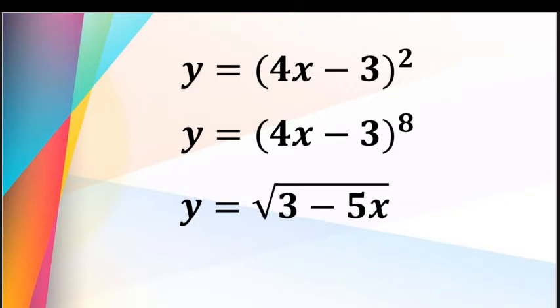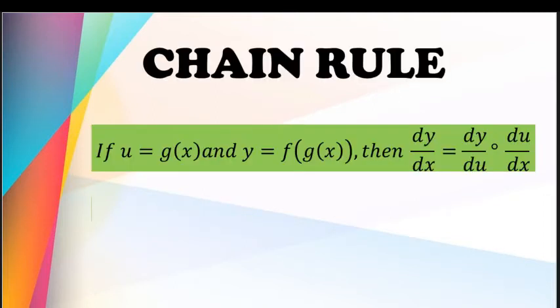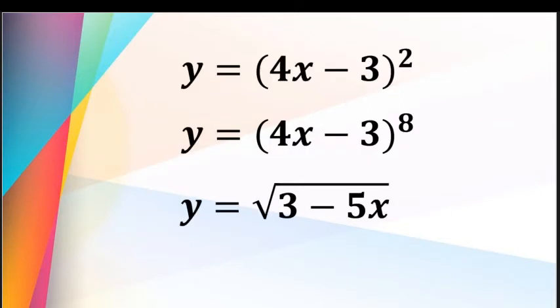Now, the derivative of a radical function such as y is equal to the square root of 3 minus 5x can be found by using the delta method for derivatives. But this too is very time consuming.